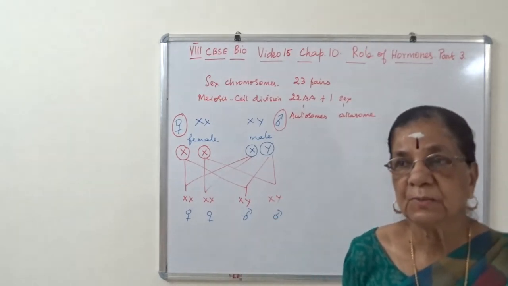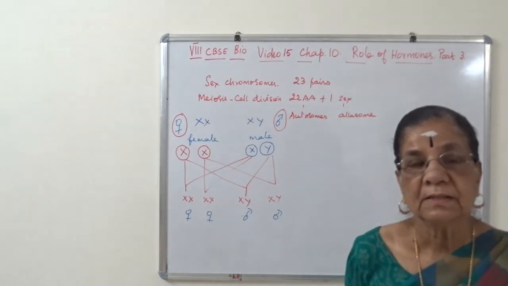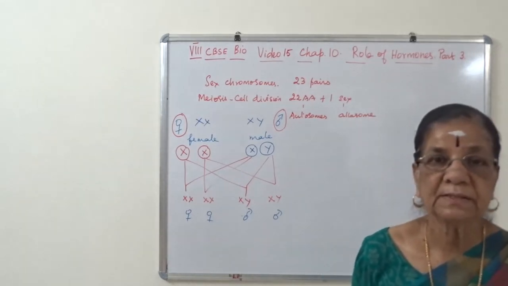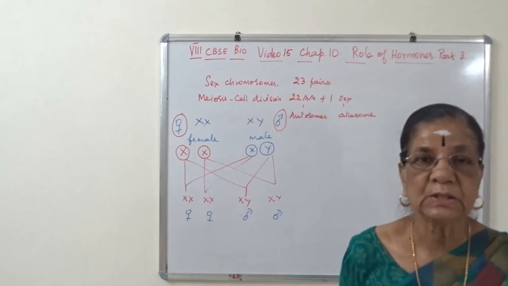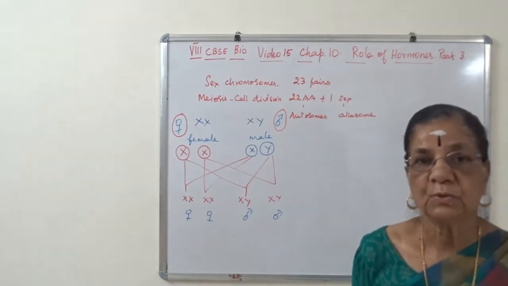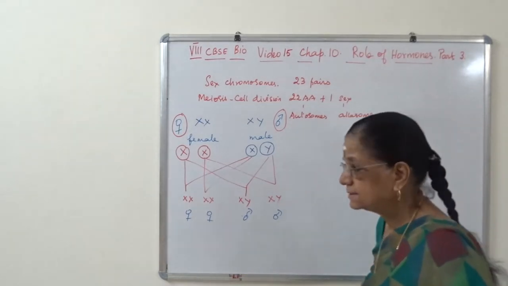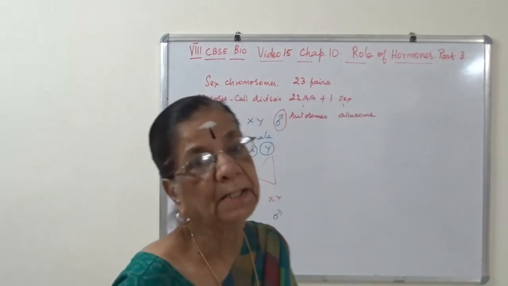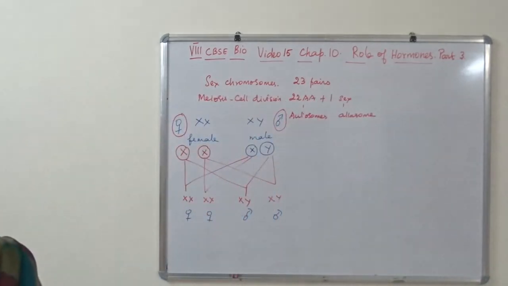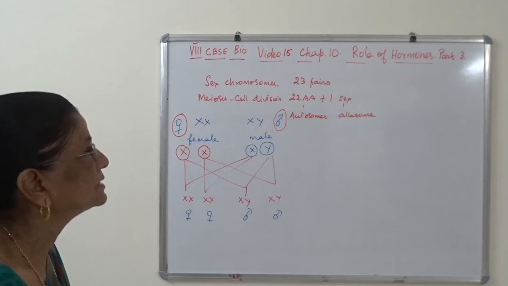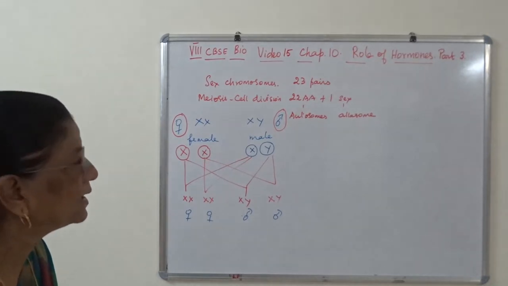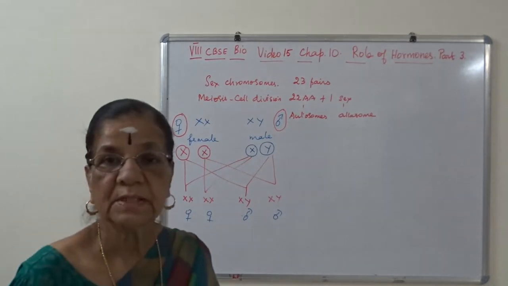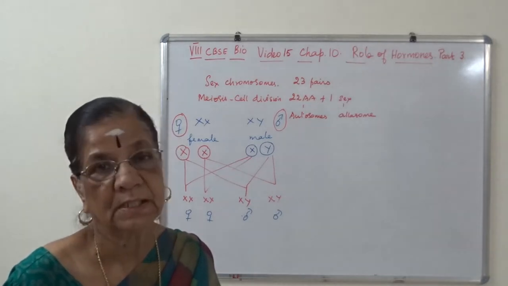For the development of the ovary, which is the primary sex organ, estrogen takes part. So this is sex determination in man. Are you clear? As I said, autosome and allosome are not given in our textbook, but you should learn them.